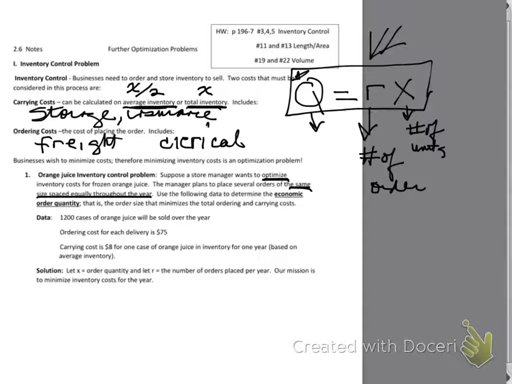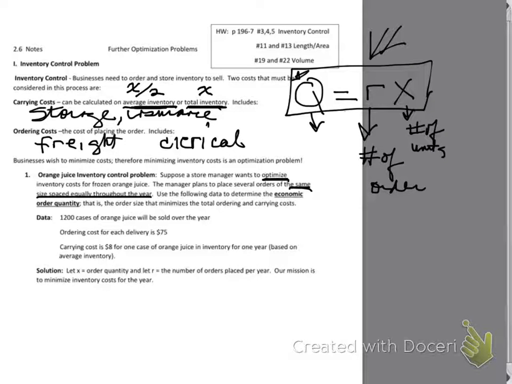So it's going to minimize the complication of our problem. Okay, use the following data to determine the economic order quantity. So that means what's the best scenario for ordering, what size order do I want, and how often should I place it. So that is an economic order quantity.